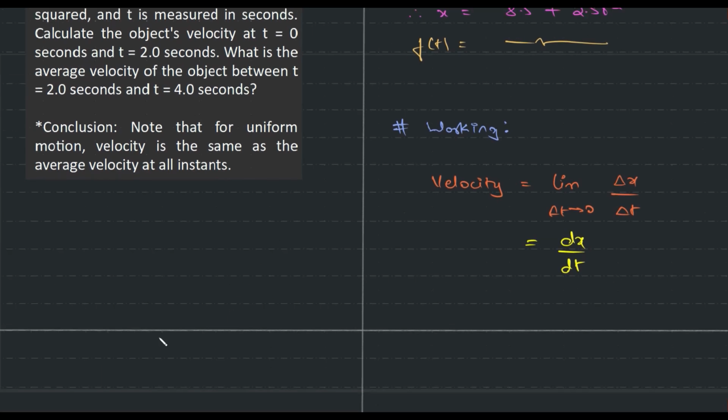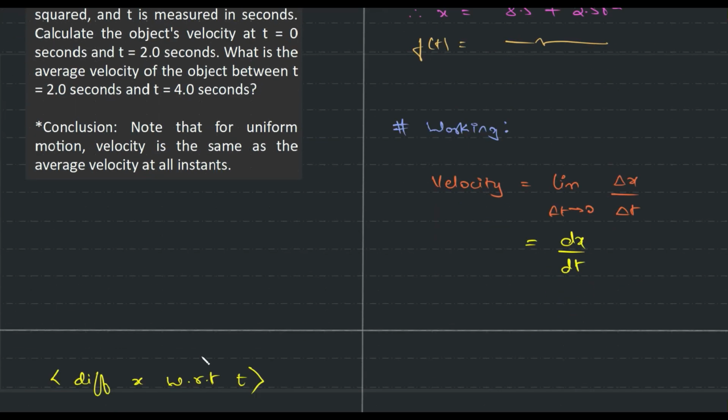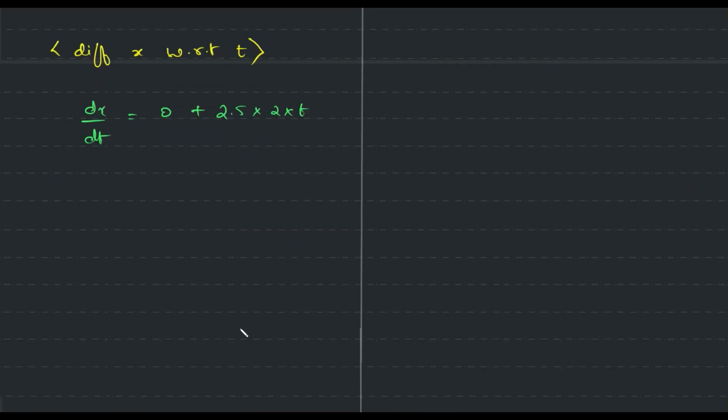That is differentiating x with respect to t. So dx by dt is equal to the constant plus 2.5 into 2 into t. And so basically this is dx by dt, which is equal to 5t.